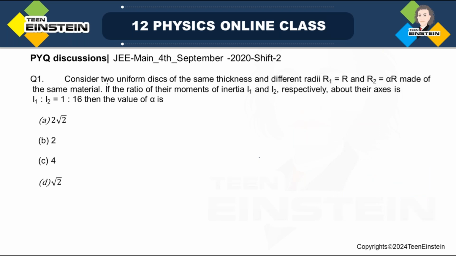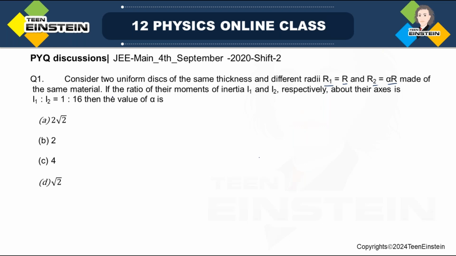So this problem says, consider two uniform discs of same thickness and different radii, R1 is equal to R and R2 is equal to alpha R, made of the same material. Material is same, so density rho will be the same. Thickness is also same.